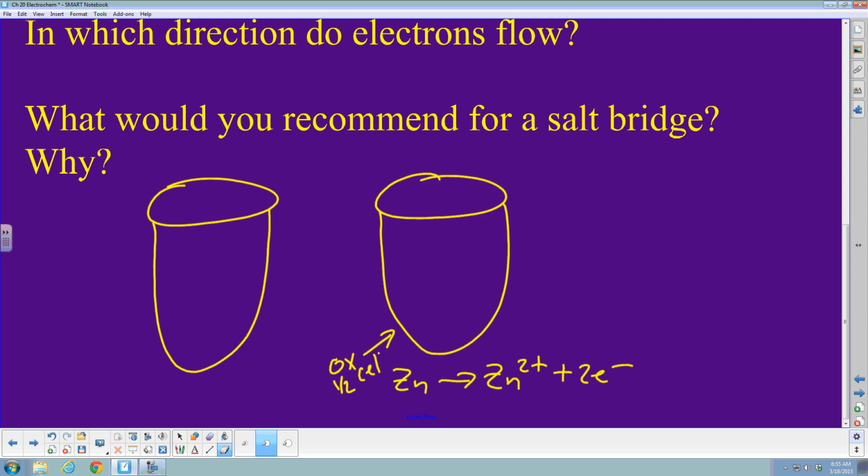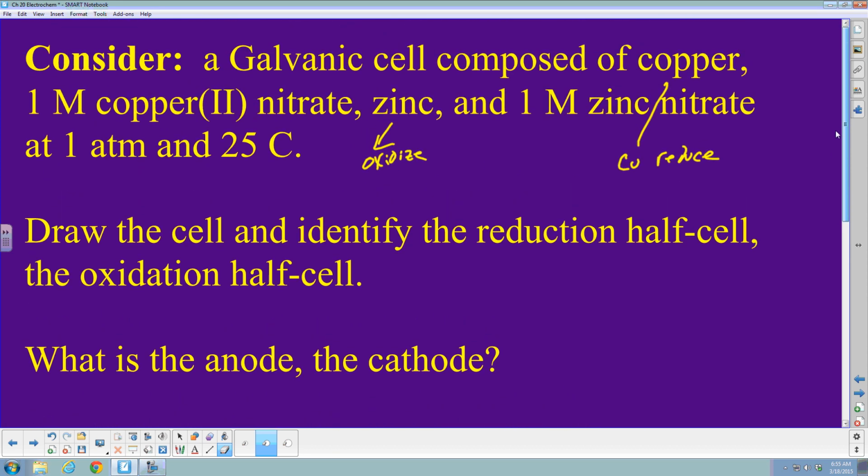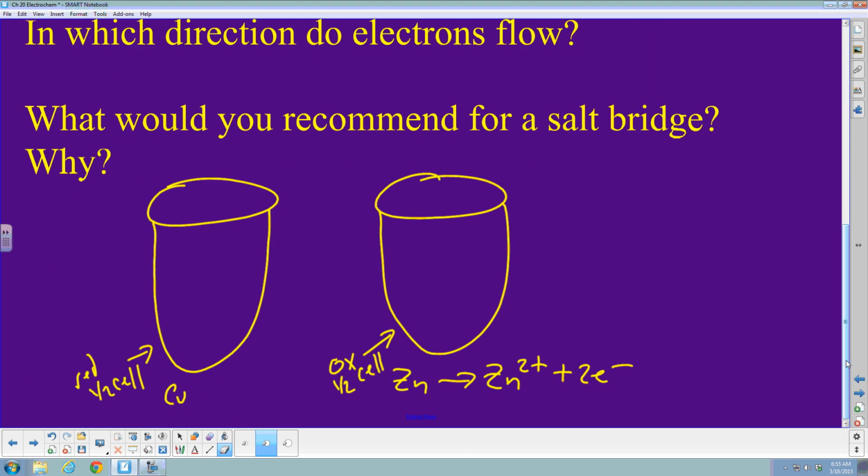Good. And we call this the reduction half cell. And so what's going to reduce, my copper? What did I have, copper 2 or copper 1? Copper 2. So my copper 2 is going to reduce to form copper.